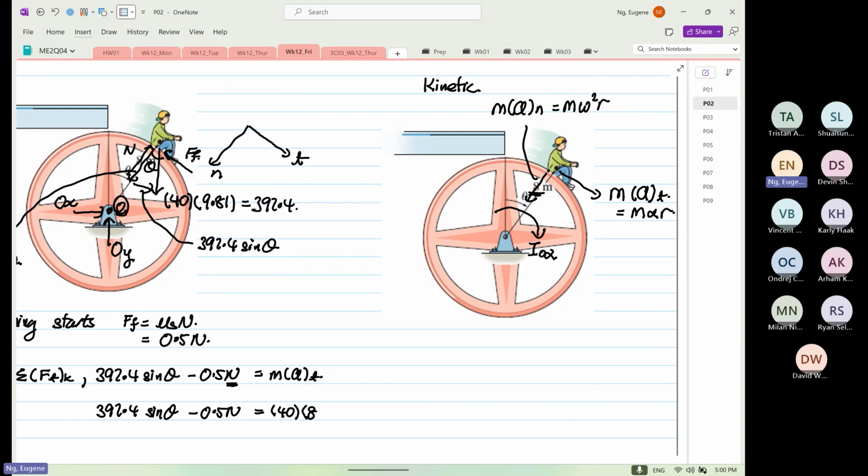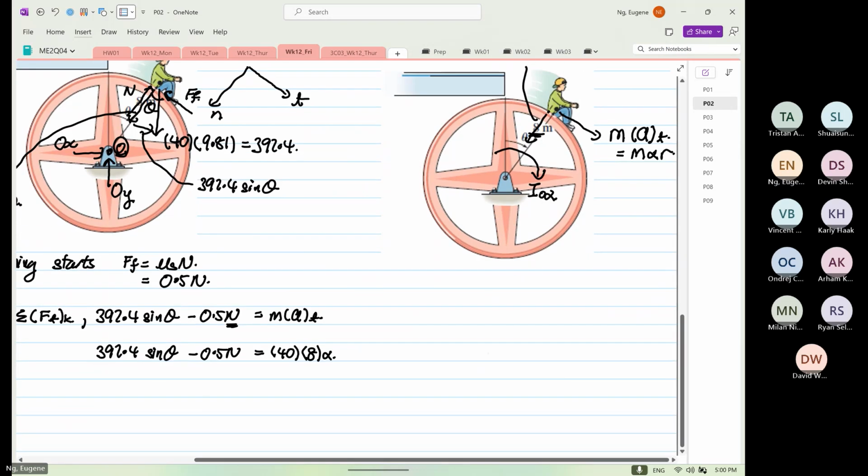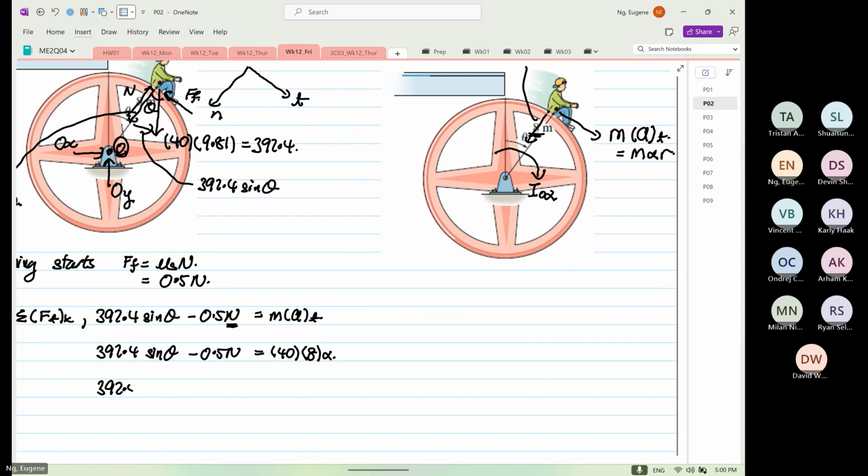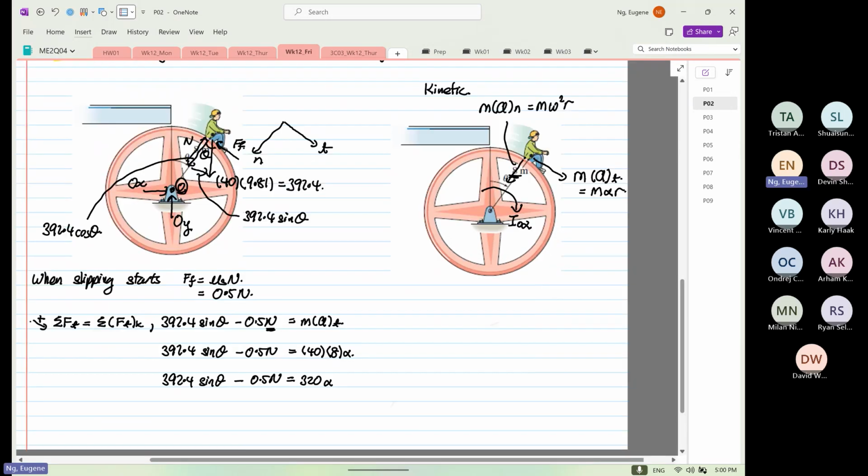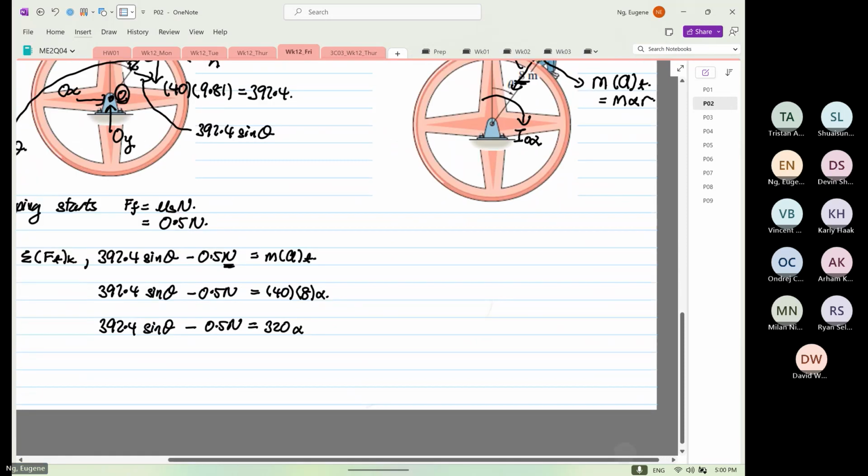The radius is 8. Alpha is what we don't know. Then from here, we just need to tidy things up a bit. I know this is very obvious, but I'm going to tidy things up. 40 times 8, 320 alpha. So this is our equation number 2.